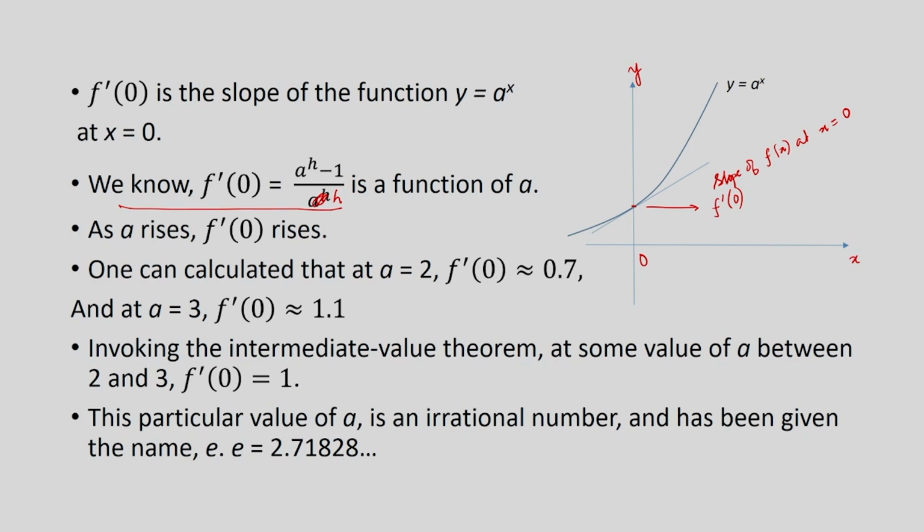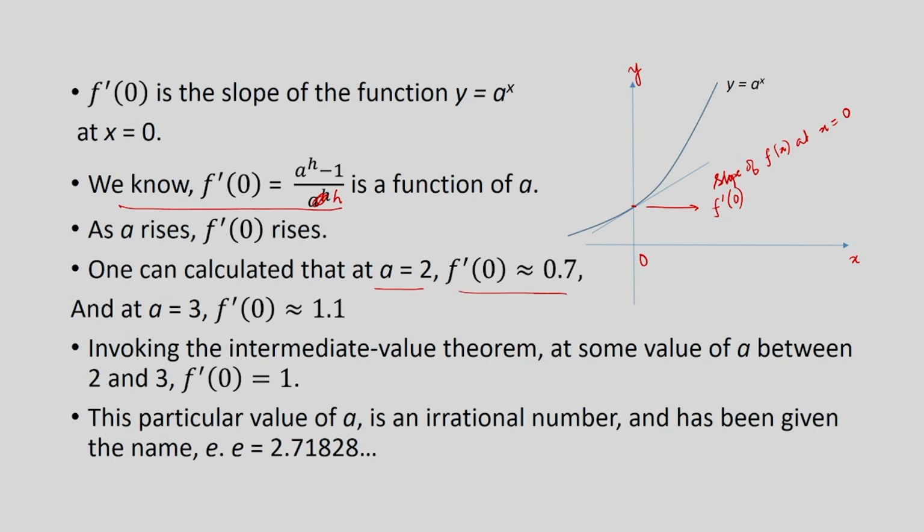So, as a changes, this thing will also change, right. f dash of 0, as we know, is the slope of this function at this particular point. So, for example, suppose small a is equal to 2, then one can calculate that f dash of 0 is approximately equal to 0.7.